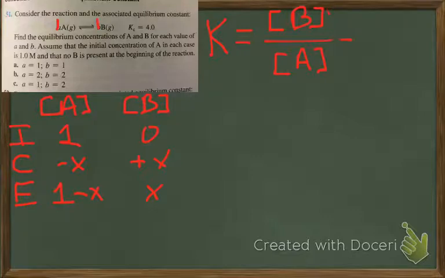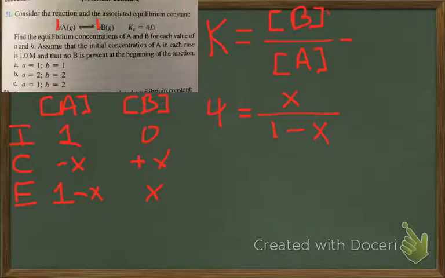Now, what that means is I can plug in my numbers. So K is 4, the concentration of B is going to be X, and the concentration of A is going to be 1 minus X. Okay, you see what I did there?